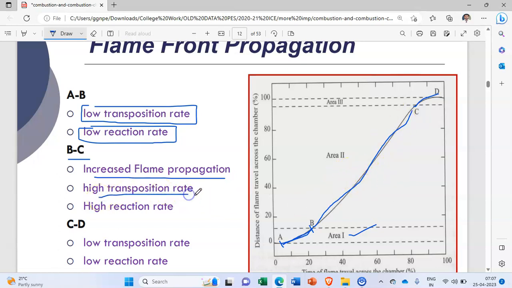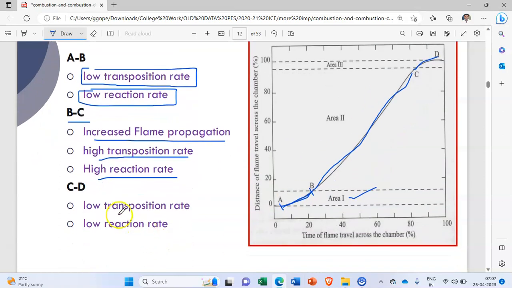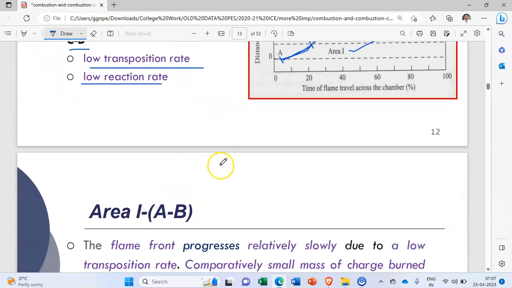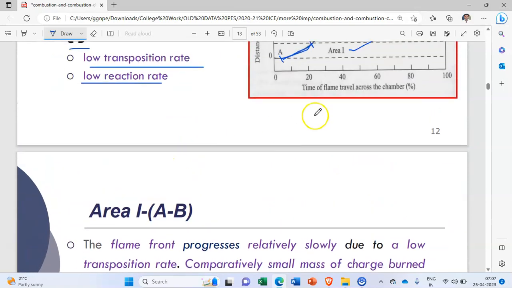High transposition rate and high reaction rate are available. That is area number 2. From C to D there is a low transposition rate and a low reaction rate, and this is area number 3.